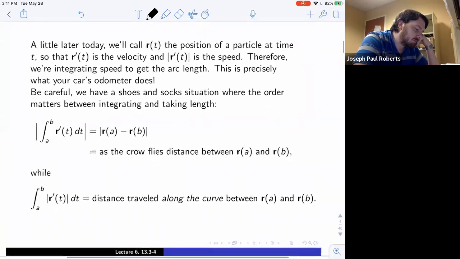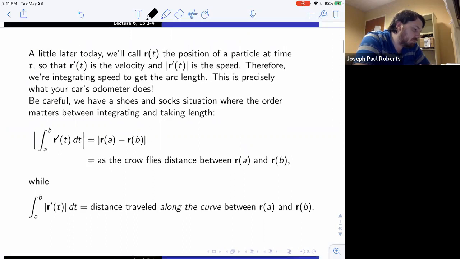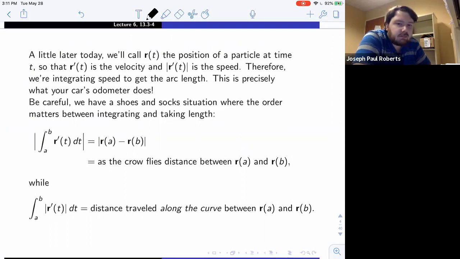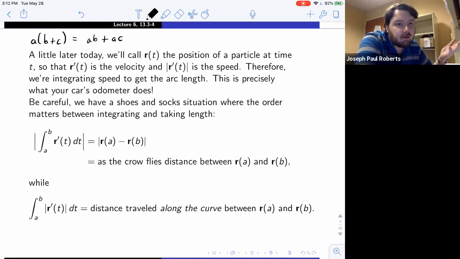And so before we do an example of arc length, I just want to warn you that a lot of things in math, you have to be careful the order in which you do things. Some things, it doesn't matter which order you do it in. For example, you could think of the distributive law for number arithmetic as saying whether you add the numbers then multiply by a, or do the multiplying and then the adding, it doesn't matter.